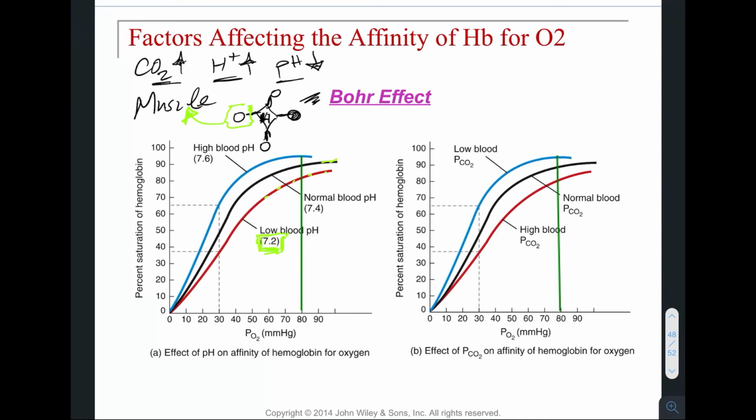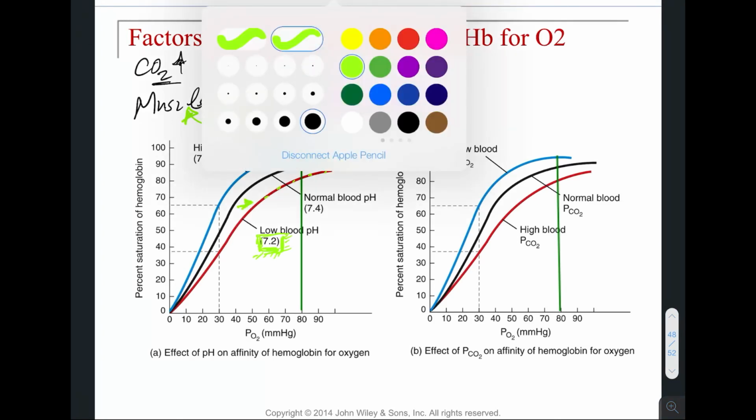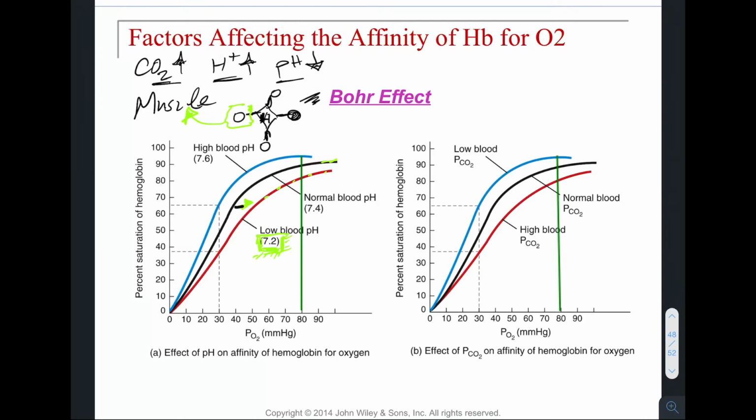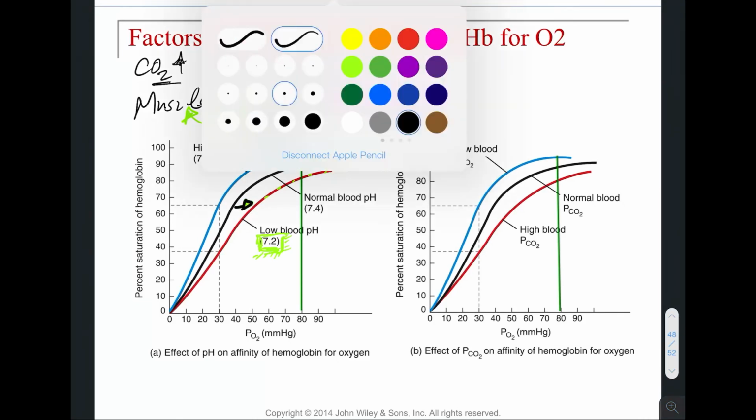The reason why it has less oxygen is because it is giving the oxygen to the tissue that has that very low pH. Now, what we say is that we have shifted the curve to the right. And that's because you can kind of draw an arrow, and that arrow shows you that you have shifted the curve to the right.